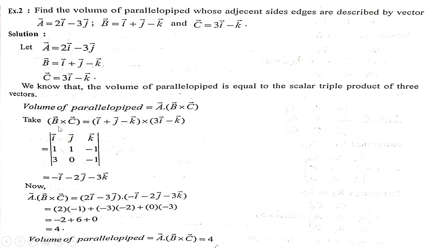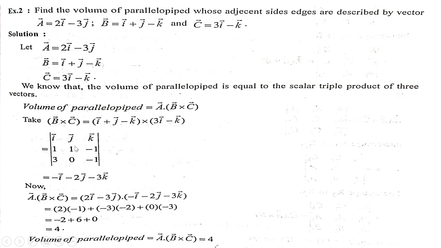Now taking b bar cross c bar equal to i bar plus j bar minus k bar cross 3i bar minus k bar. So b bar cross c bar equal to, written in determinant form, i bar, j bar, k bar.